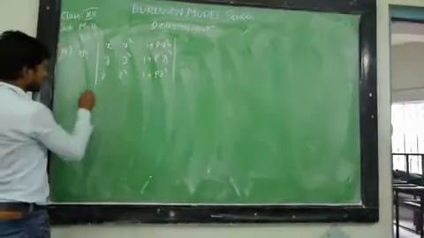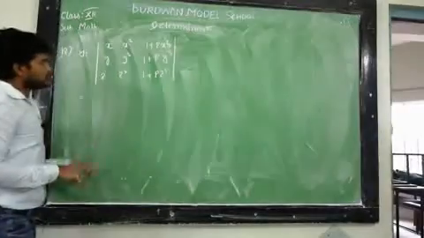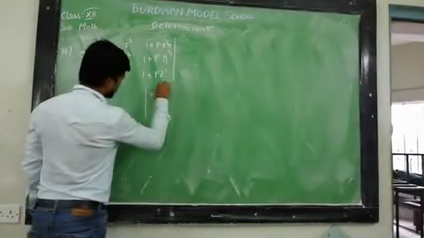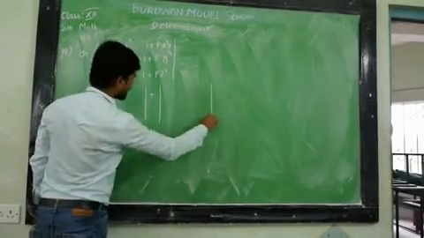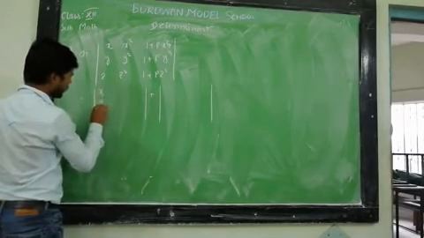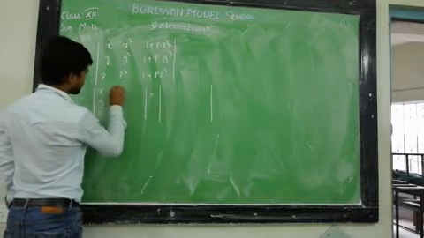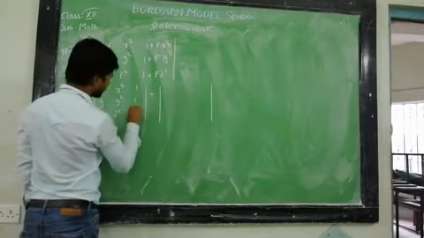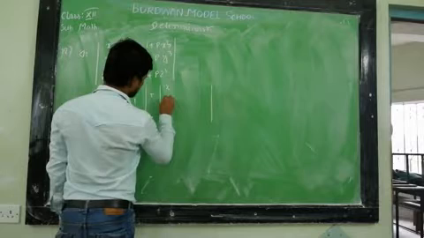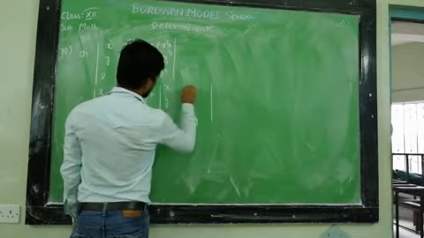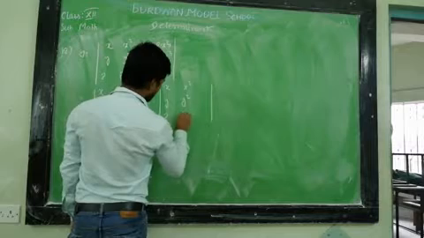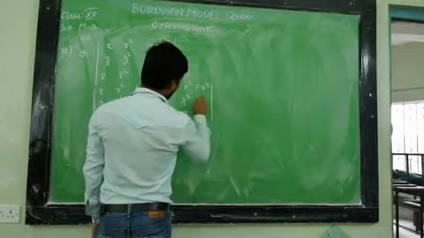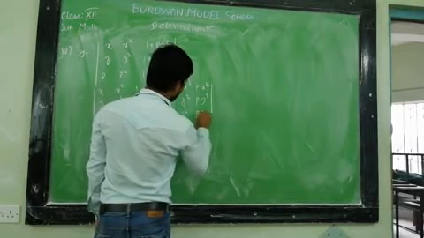Okay. Now look, we know a property that this type of determinant can be expressed as the sum of two determinants: x, y, z; x square, y square, z square; 1, 1, 1, plus x, y, z; x square, y square, z square; and px cube, py cube, pz cube.